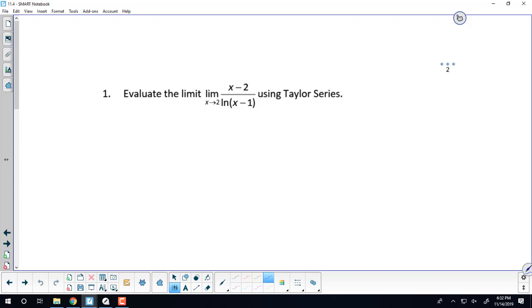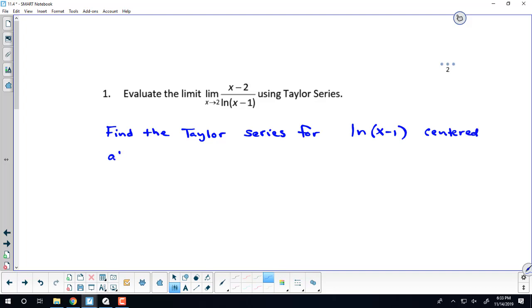However, we can find the Taylor series for the natural log of x minus 1, centered at, where would we want to center that?